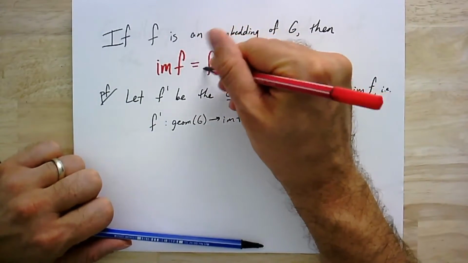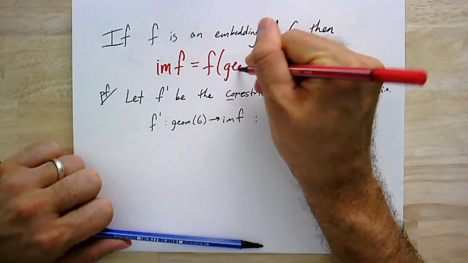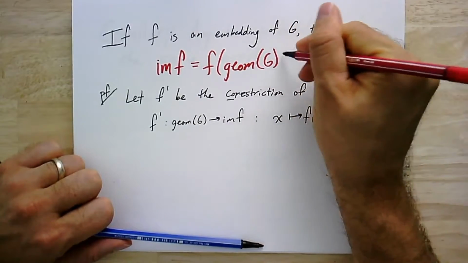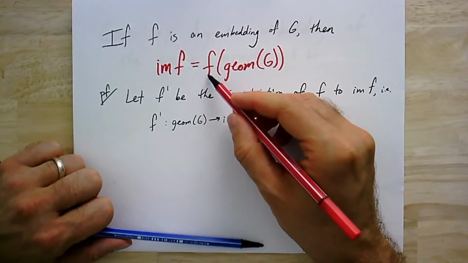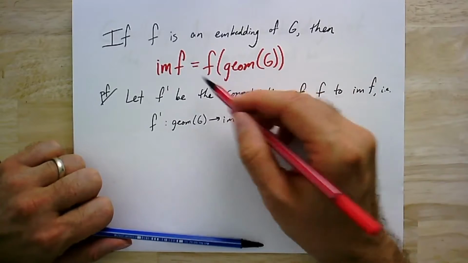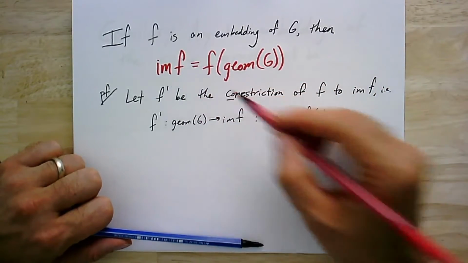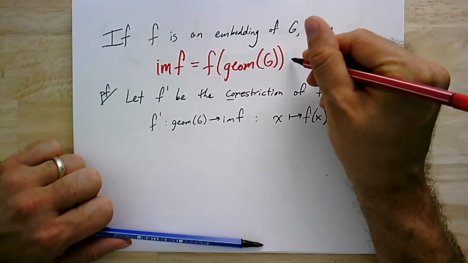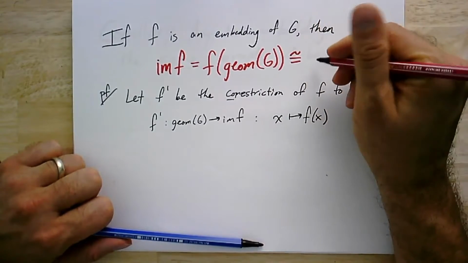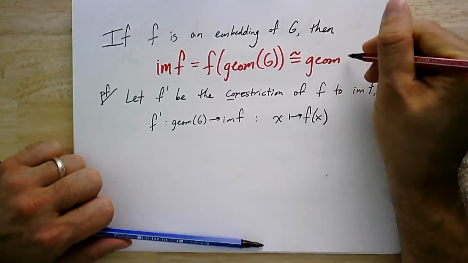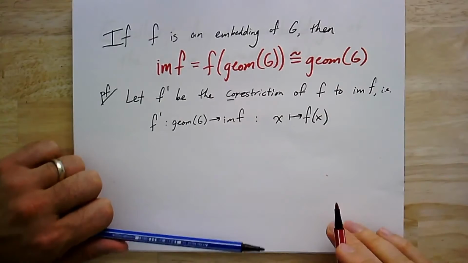It's defined to be f of the geometric realization of G. Remember that when I apply a function to a whole set, I mean all the points you can get to. It's the same thing as the image. That image is in fact homeomorphic to the geometric realization of the graph we started with.